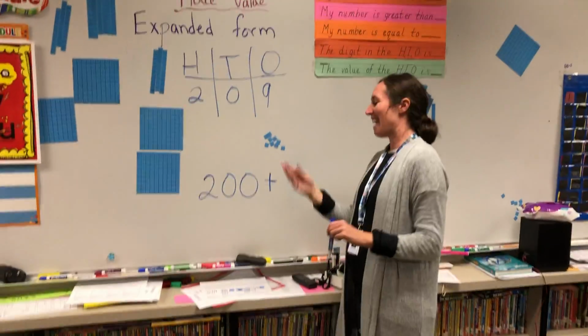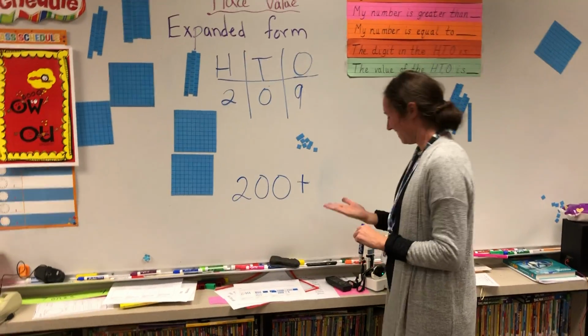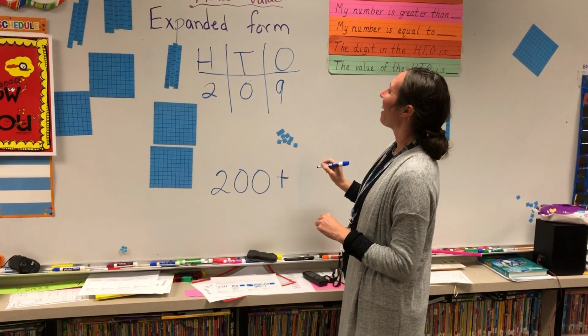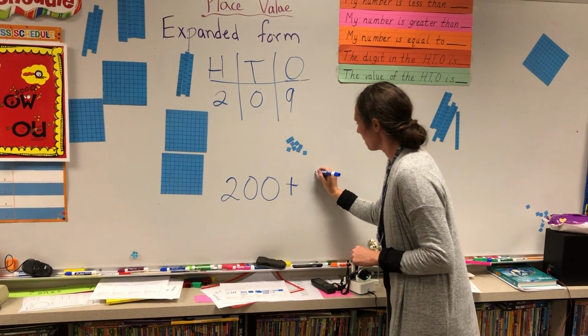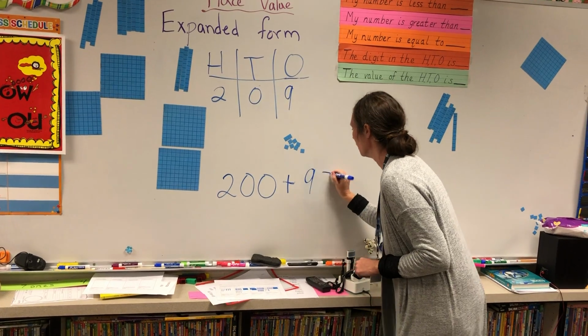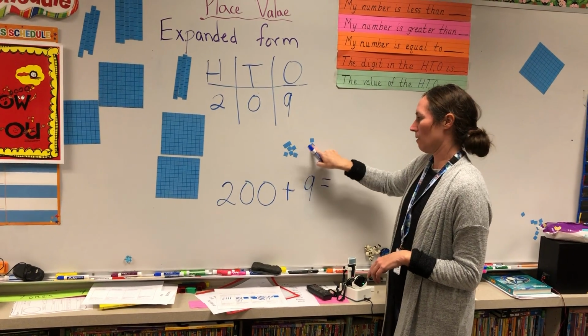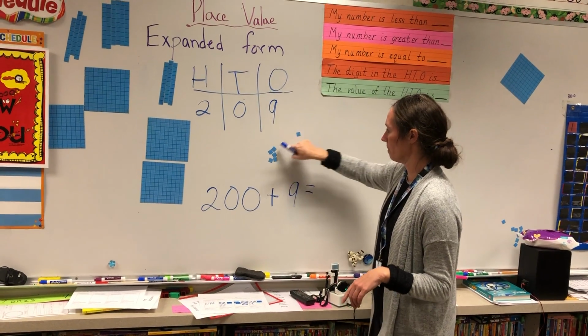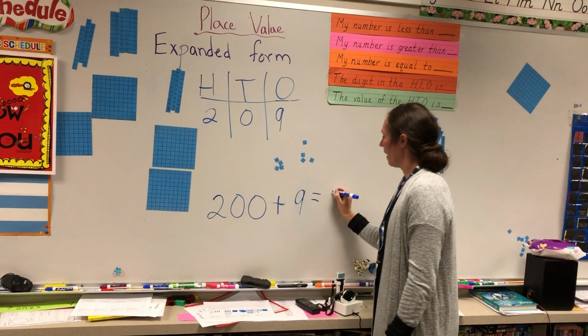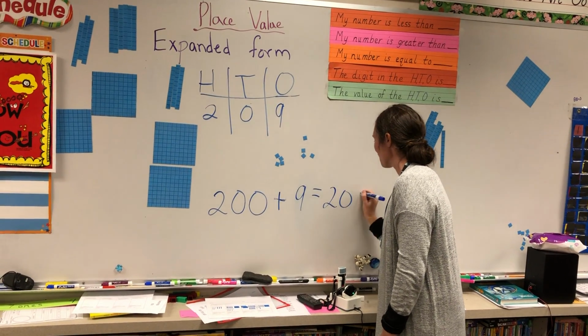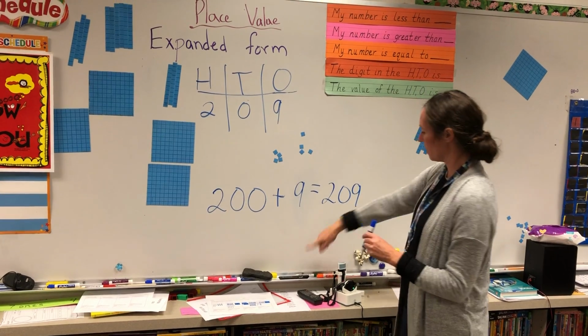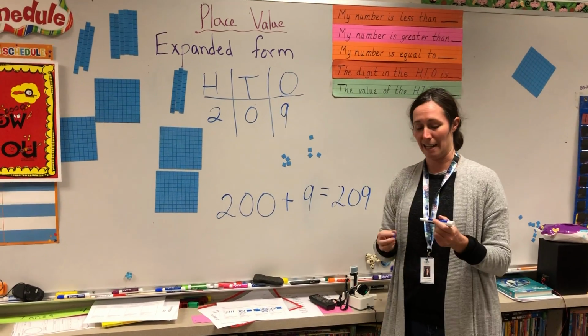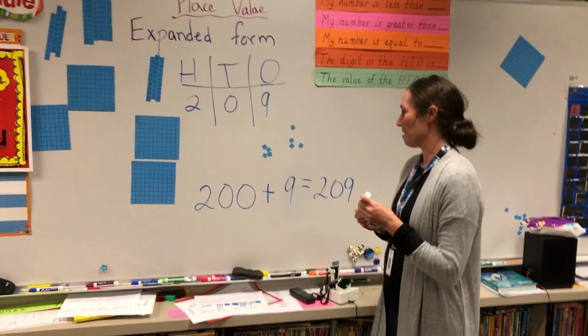We're just lazy, and so we leave off our 10s if there's no 10s. And then we come over to our 1s, and we have 9 ones, and the value is 9 because they're just these lonely little ones moving all around there. 209. It's still 9, even though 1 jumped off there. It's still 209. I'm not going to change that number.